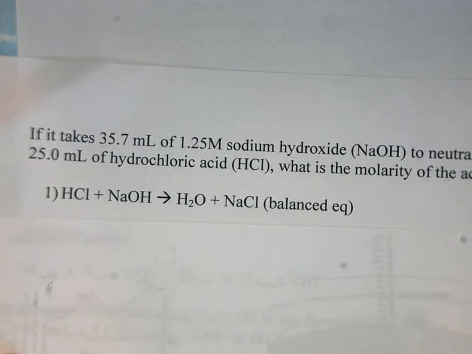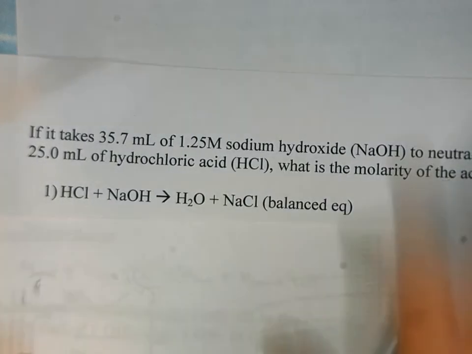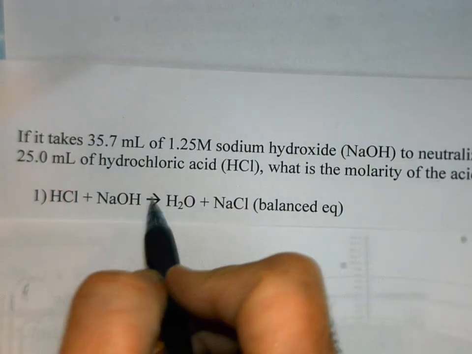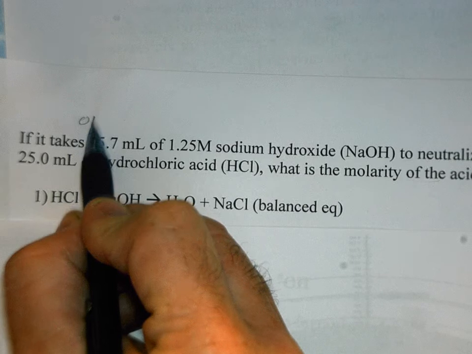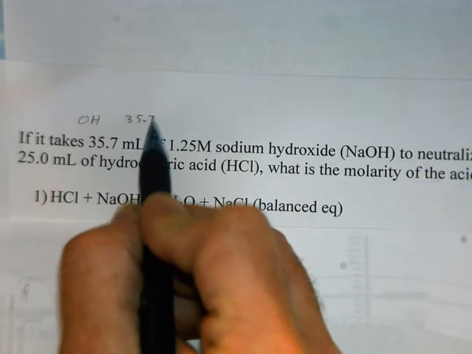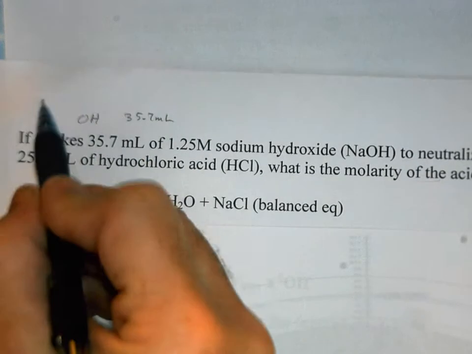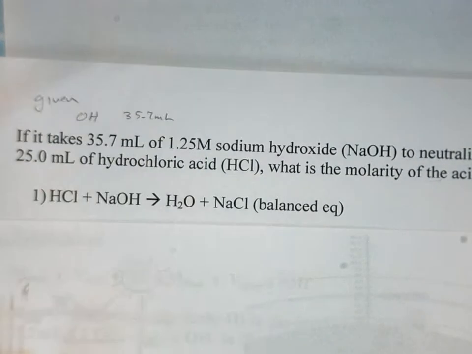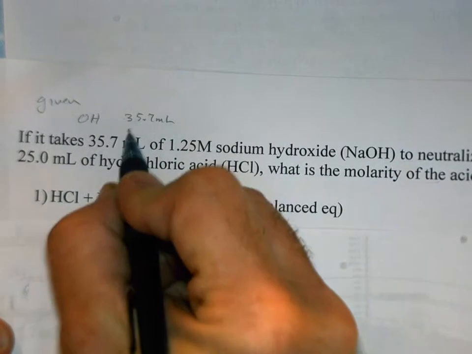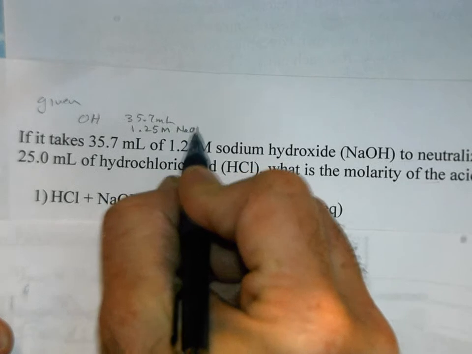Okay, so first off, you need to know the balanced equation. And in this problem, what we do is you can just put OH, because that's what our compound is. We've got 35.7 milliliters. Instead of writing this whole sentence down, we're just writing what's given. So 35.7 milliliters of a 1.25 molar NaOH solution.